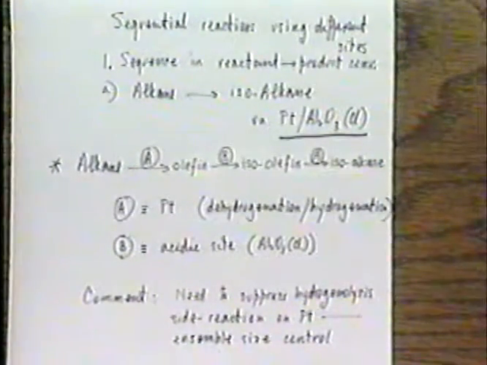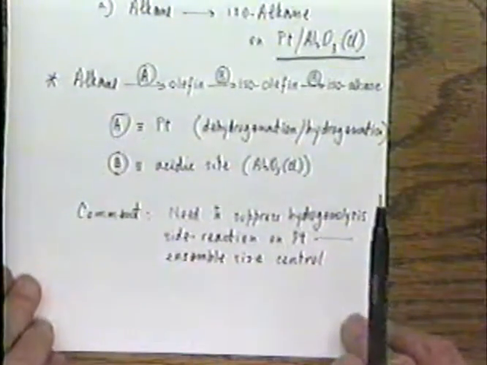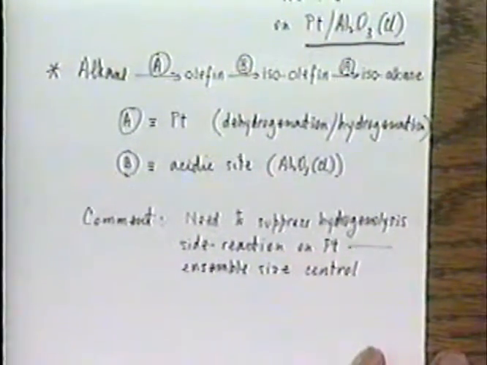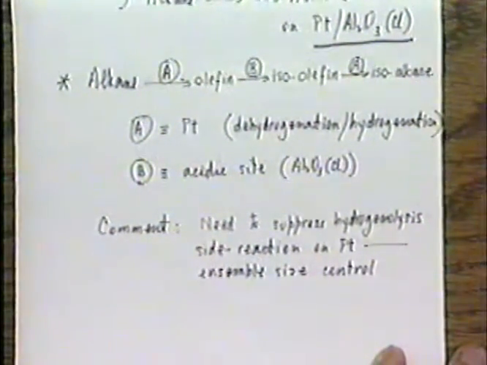In fact, an industrial process, or part of an industrial process. It's part of the catalytic reforming process. You might imagine that the extent to which these two sites could function in this synergistic way would be dependent to some extent on their proximity to one another.